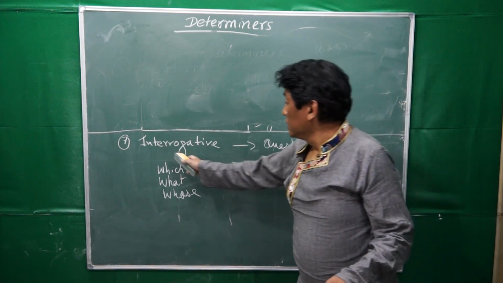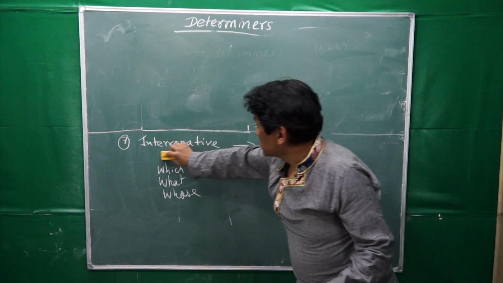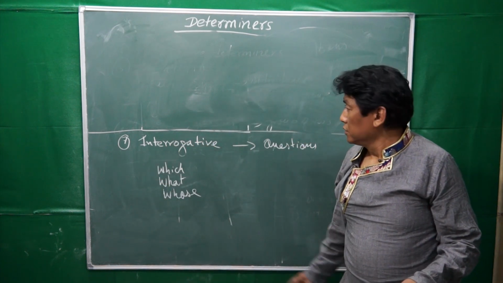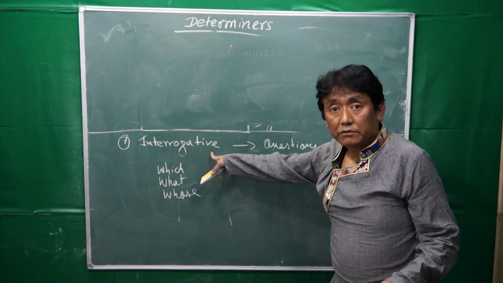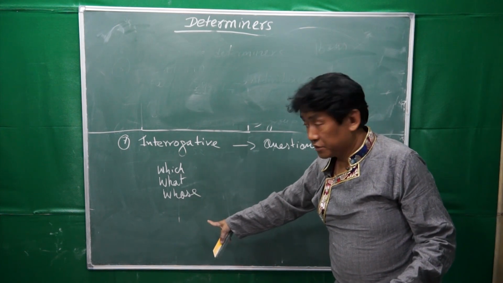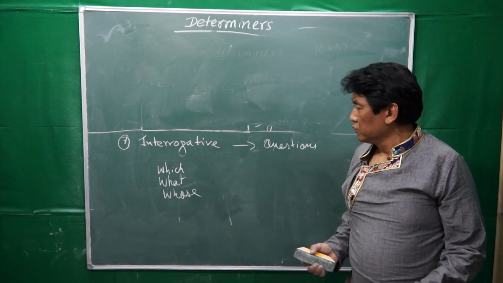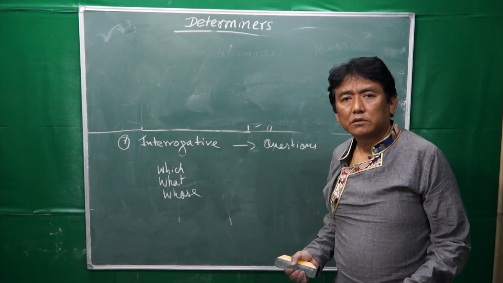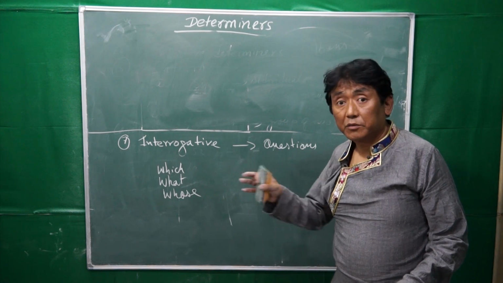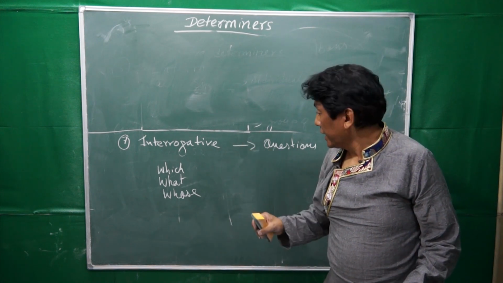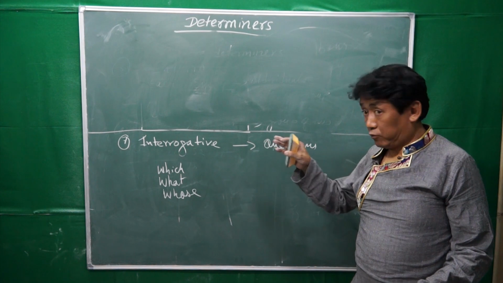And these are the determiners that we use to interrogate, right? The various types of questions you can see here. When we use this: which boy are you talking about? We're trying to determine that boy. Which boy? I'm trying to see that boy, right?